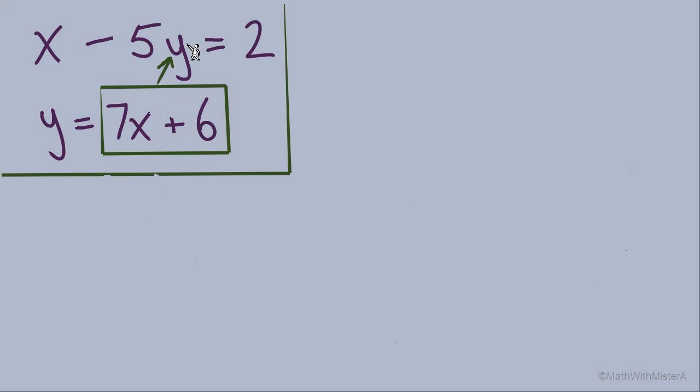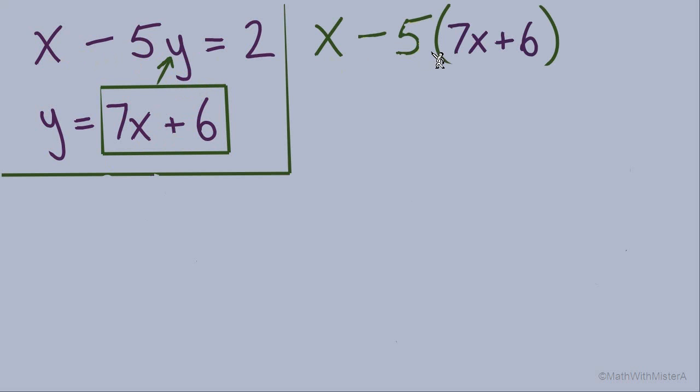And now let's rewrite the equation. It starts with x. Now we have minus 5y, but we will have now minus 5 out in front of parentheses with our expression 7x plus 6 in it. That's going in place of y inside the parentheses. And the equation continues with equals 2.